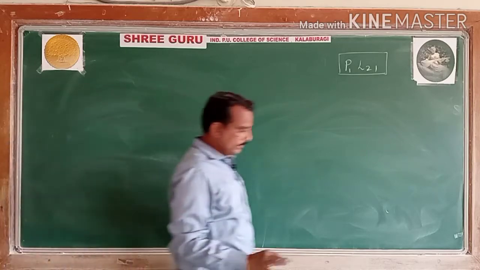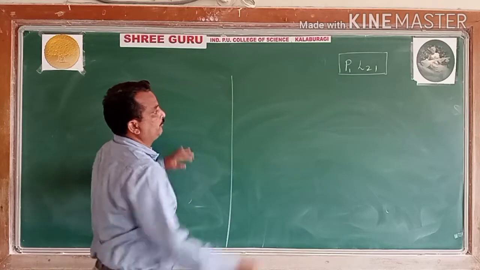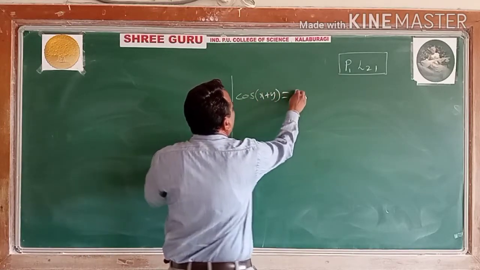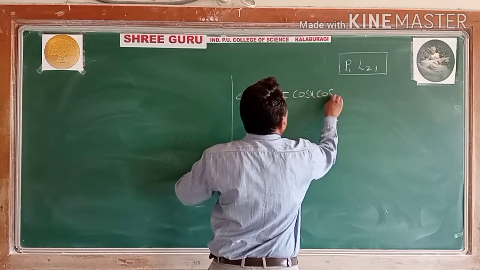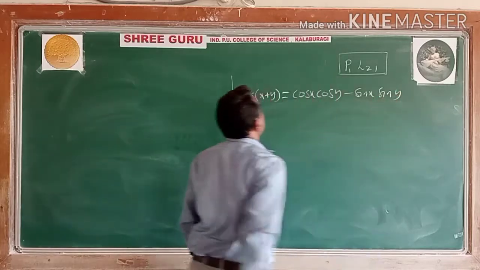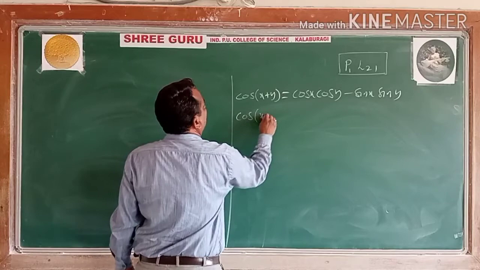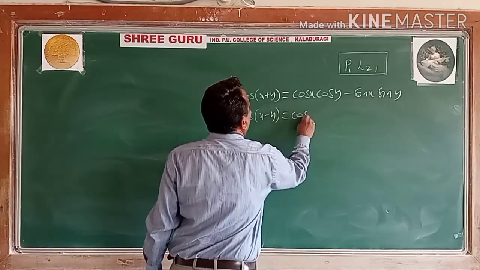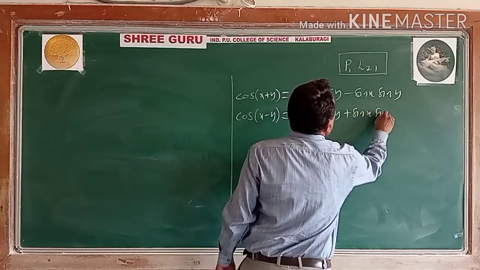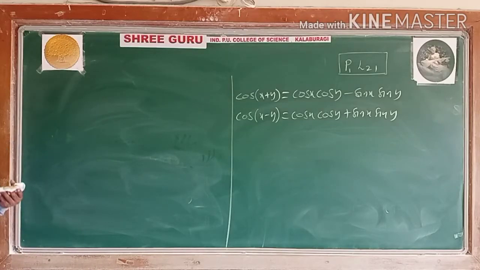Here I will write whatever we have discussed in today's formulas, students. Before going to sin 2x: cos of x plus y is cos x cos y minus sin x into sin y. Then we have proved cos of x minus y: cos x cos y plus sin x into sin y, the opposite sign for the cos.